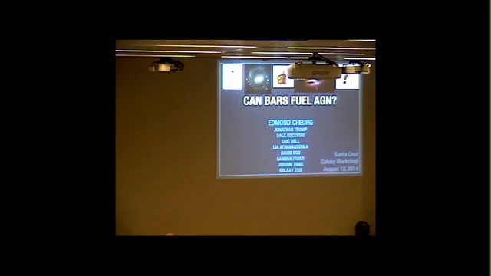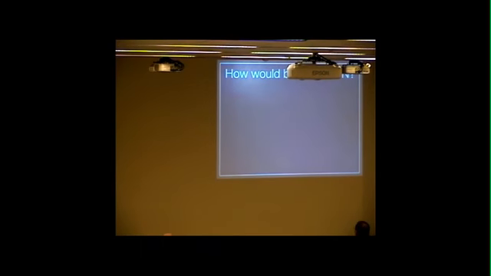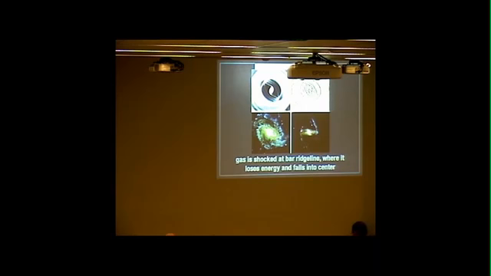Well, the first question to ask is, how would bars fuel AGN? What I want you to see is that the densest locations of the gas mirror the locations of where the gas velocity discontinuities are, i.e. where the shocks are.